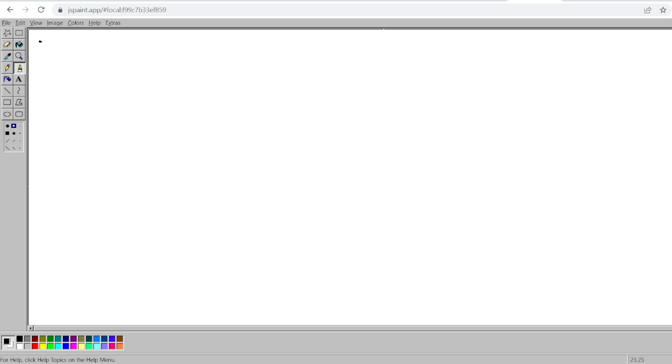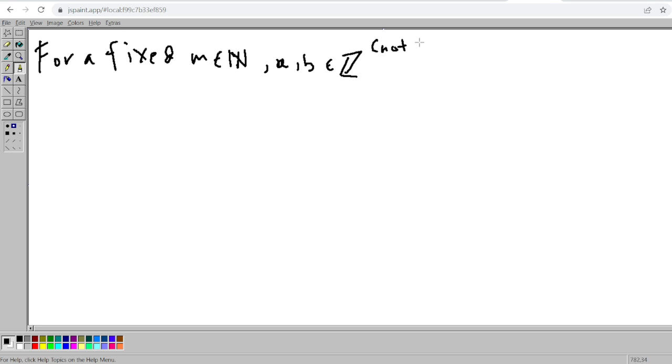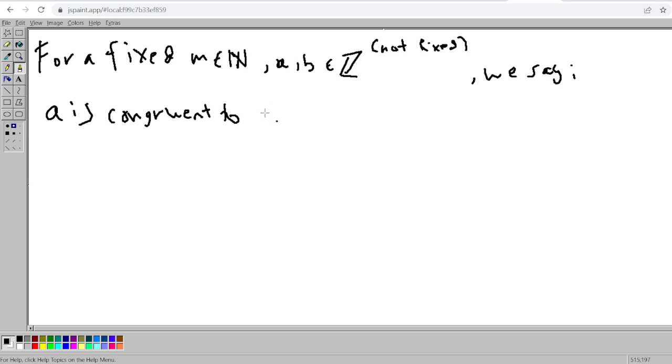For a fixed m in N, and a, b integers, not fixed, we say a is congruent to b modulo m if m divides a minus b.